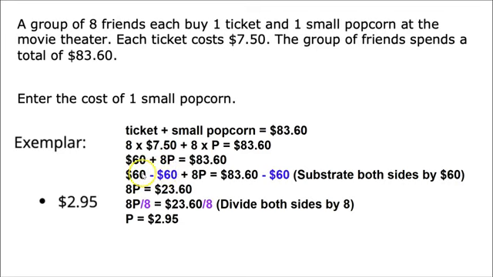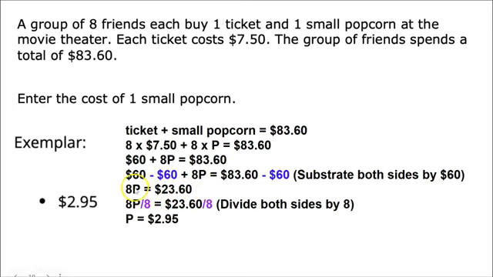And what you do on one side of the equal sign, you have to do on the opposite side, because things have to be balanced. So from there we have 60 minus 60, that is 0. Now you have 8P, and $83.60 minus $60 will give you $23.60.